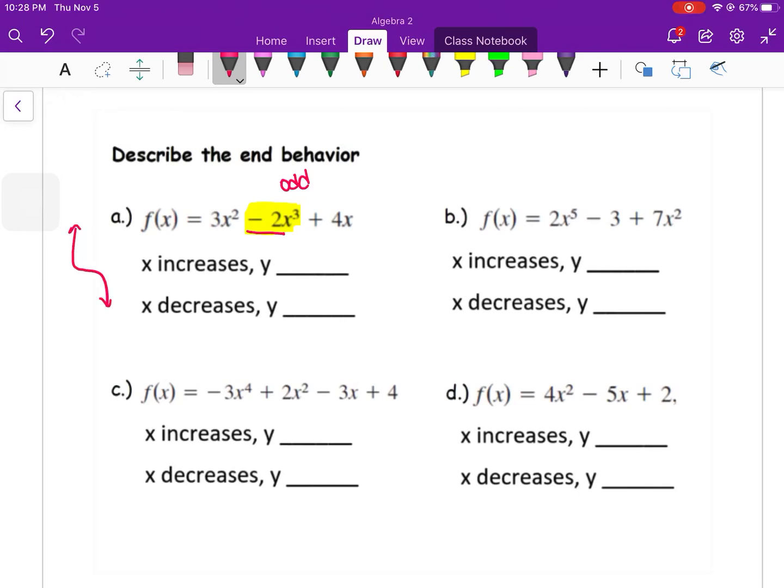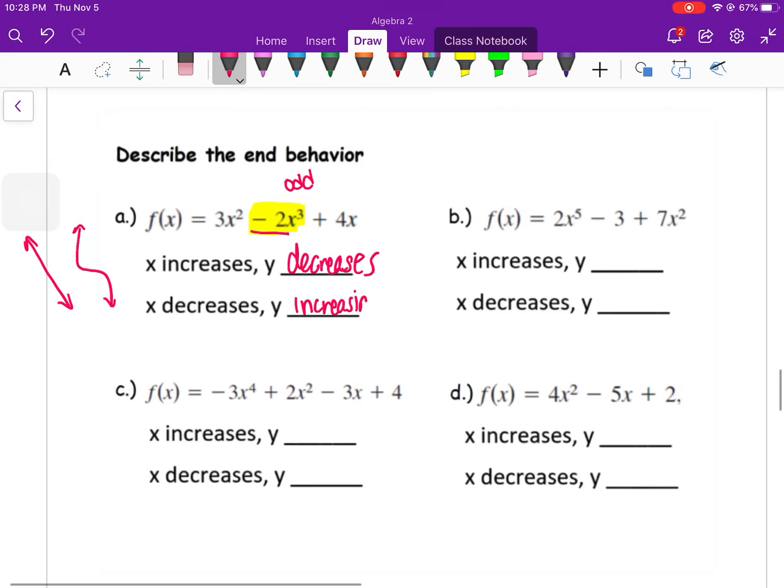And so the cubic kind of looks like this, and the odd goes like this because it has a negative slope. So as x increases, as you go to the right, the y decreases. And then as x decreases, so go to the left, basically, the y is increasing.